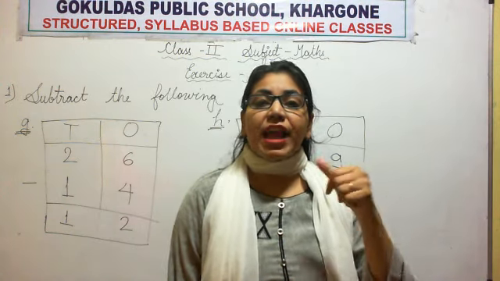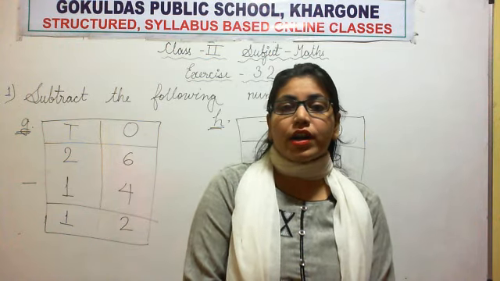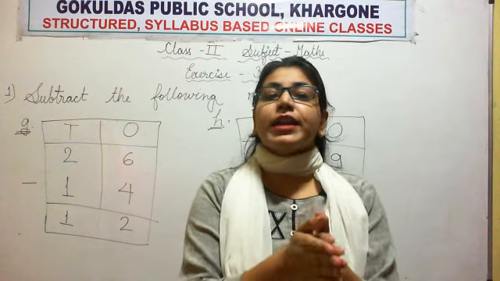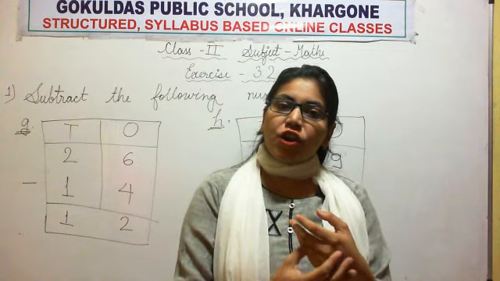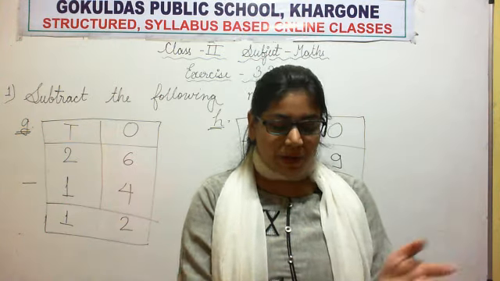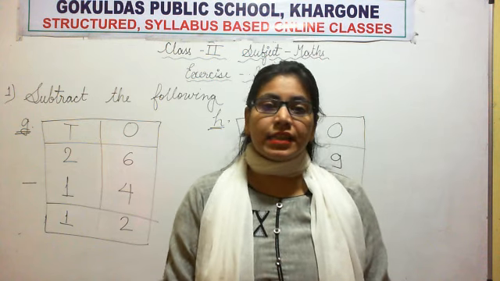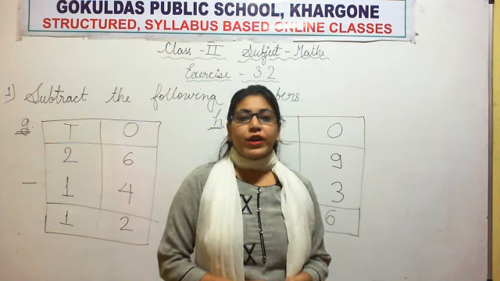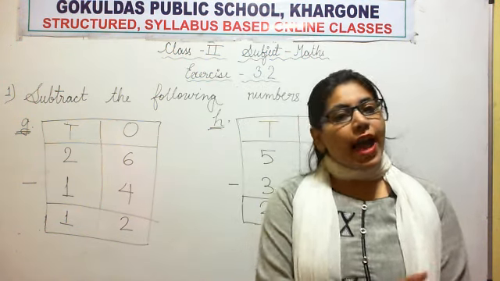First one is subtraction by counting backward. Then the second one was subtraction on number line, and you all made a project on that also. You are sending me videos, which is appreciable, but so many students are still left, so I am waiting for you all. If you have not sent the video till now, please make it and send it.